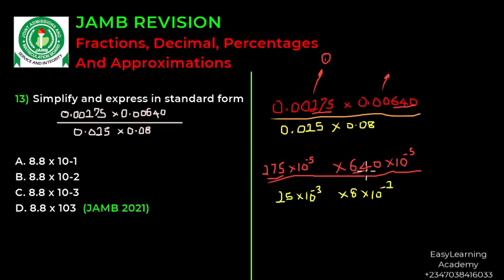So we have 275 times 640, all over 25 times 8.